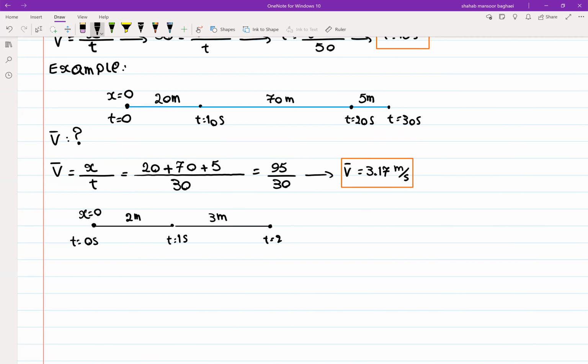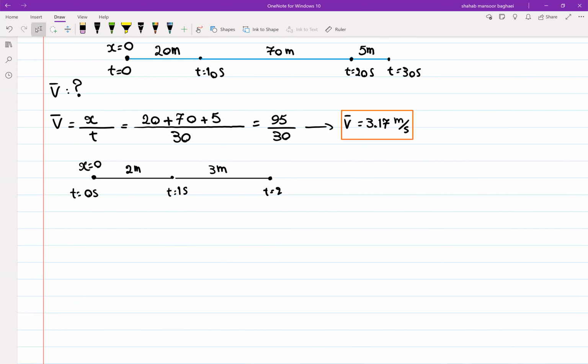Okay, what is the average velocity for the whole motion? Of course, v bar is 2 plus 3, total displacement, over total time. Of course, it is 2 seconds. It is 5 over 2, that's 2.5 meters per second. See, if I want to calculate the velocity for the first time interval, you have a different number.